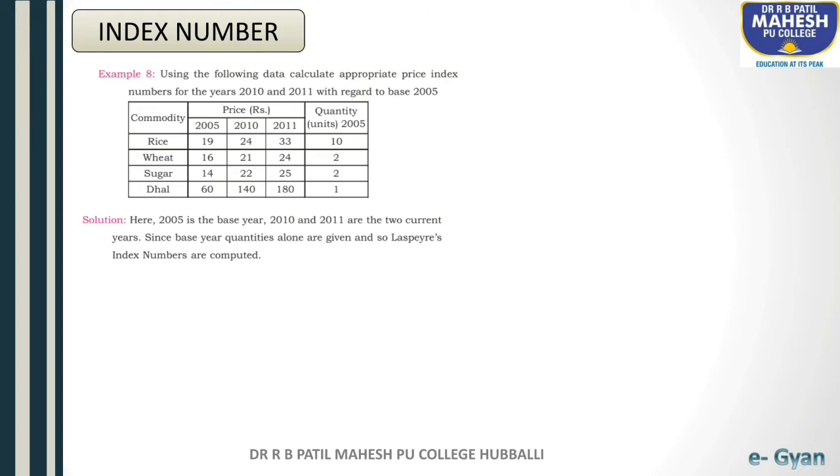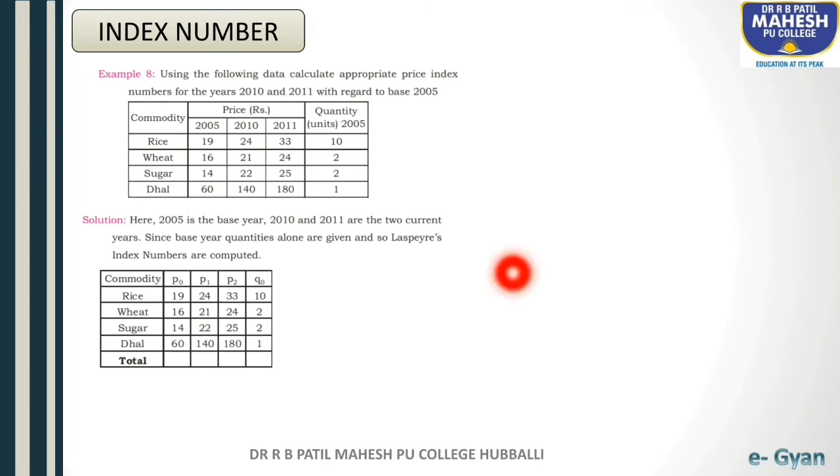Solution: here 2005 is the base year, 2010 and 2011 are the two current years. Since base year quantities alone are given, Laspeyres index numbers are computed here. So as per the given data, Laspeyres index is suitable, and we have to apply the Laspeyres index number formula.